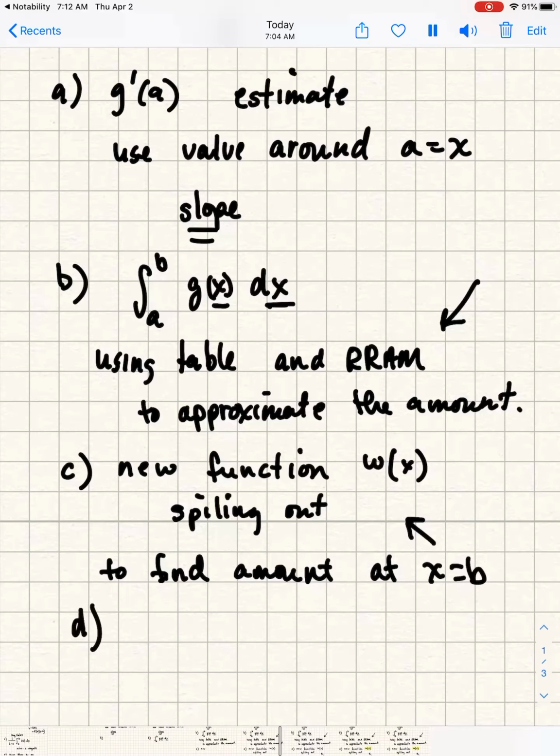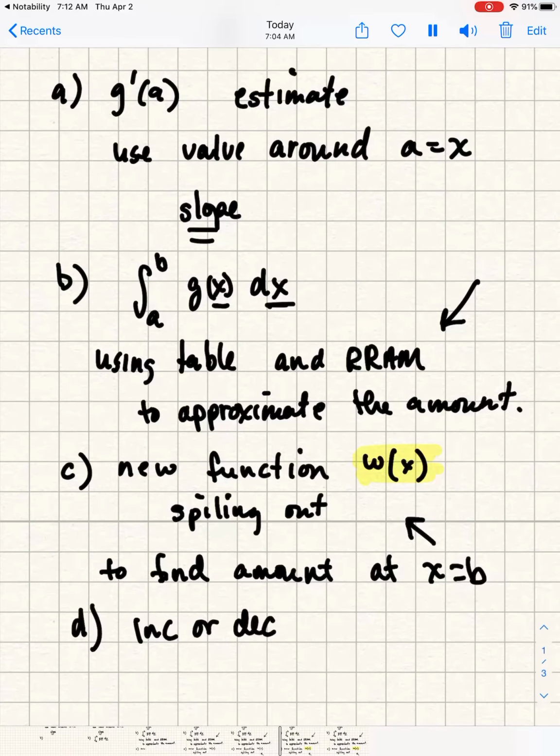And then letter D, just to give you a heads up. Letter D, you're using the function here. And what you want to do is think about taking the derivative of the integral, right? Actually, in this one, you don't even have to worry about that so much. Just think, because they're asking, is it increasing or decreasing the amount of grain in the silo at a given time, let's say x equals c.